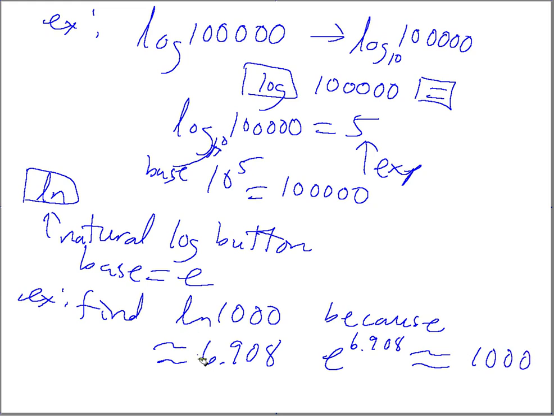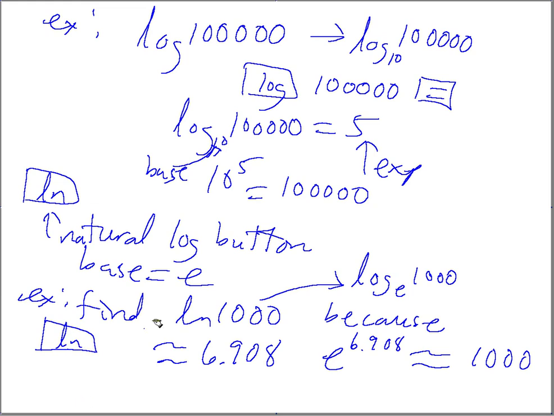Again, converting it back, think of ln 1,000 as log base e of 1,000, and you should get 6.908 if you punch it into the calculator using the ln button.